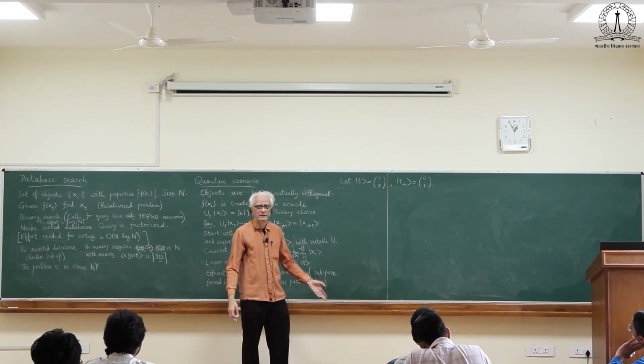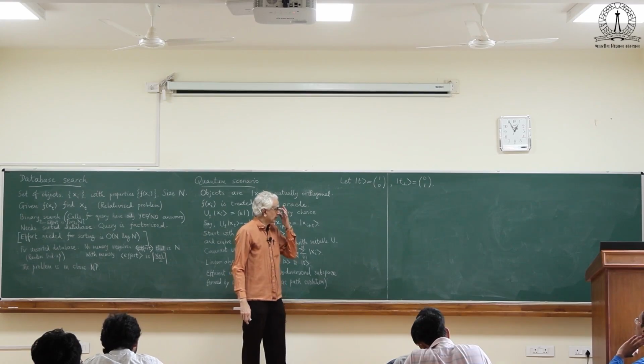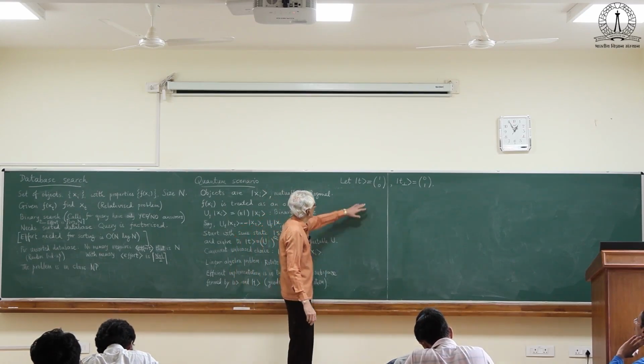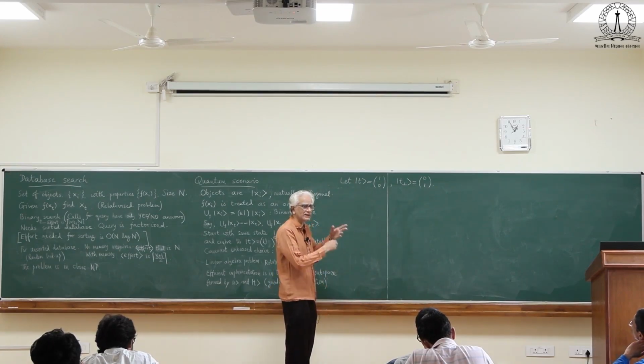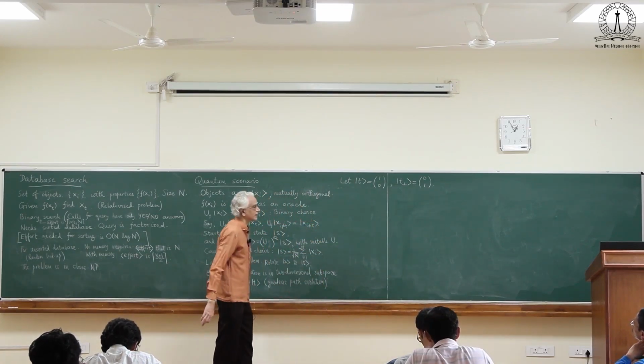It's only a two-dimensional space. I don't have to do anything more. And right now there is no need to identify it as a qubit or something like that. It's just a two-dimensional ordinary space.